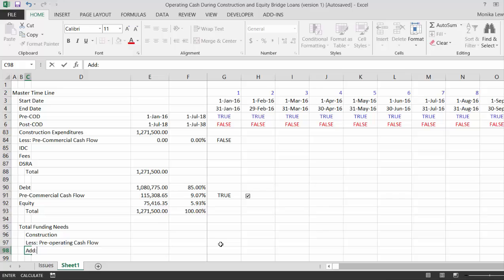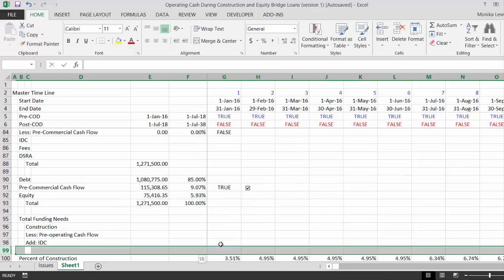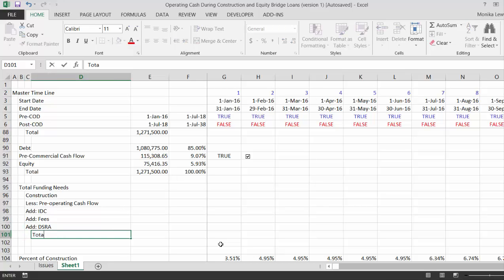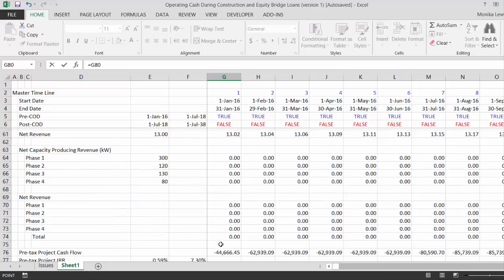Add the IDC. Okay. I probably should be putting this on a manual calculation. Add the fees and add the DSRA, and then we put a total.